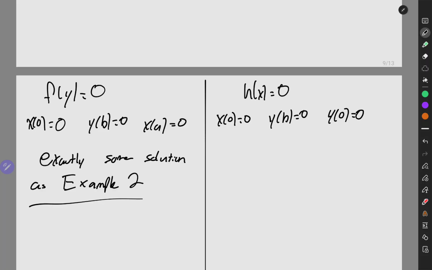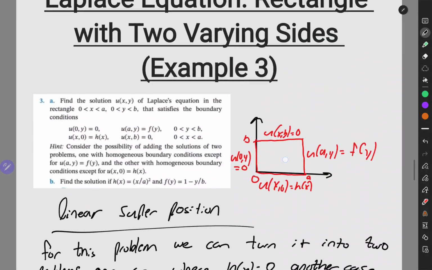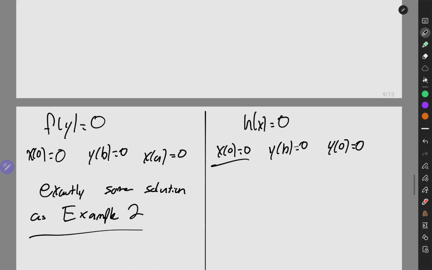For this one, we have to do a boundary value problem with the y equation. Use the x to solve for x. And then a and b are going to be flipped for this one because it's on the other side of the rectangle versus what we've been doing.